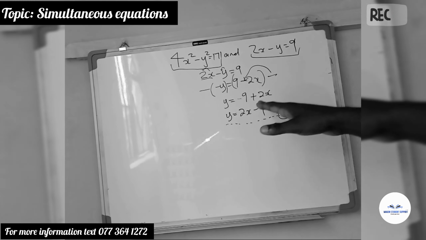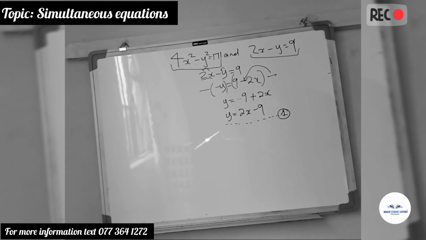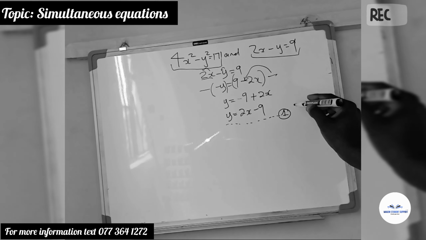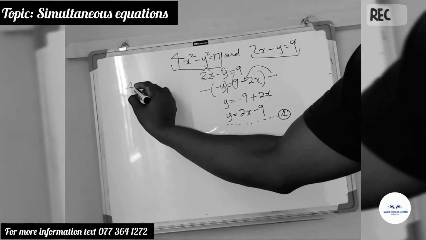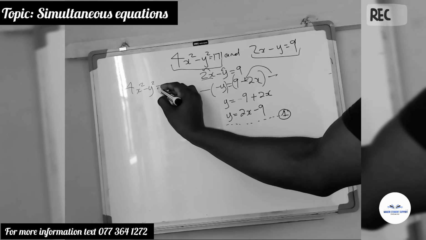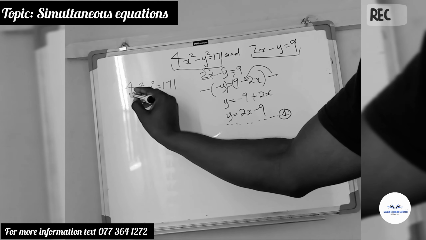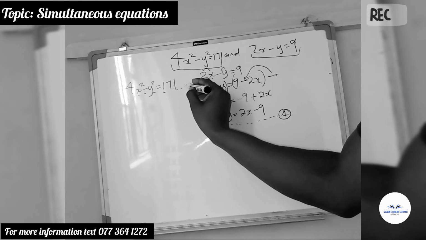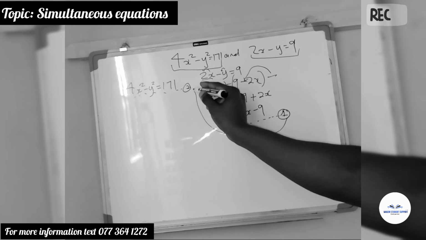This equation 1 is the equation that we can substitute into our formula, this one. So now we take equation 1. Now we go to that complex equation. We can say 4x squared minus y squared is equal to 171. This we can say is equation 2. Now what we can do is substitute equation 1 into equation 2.